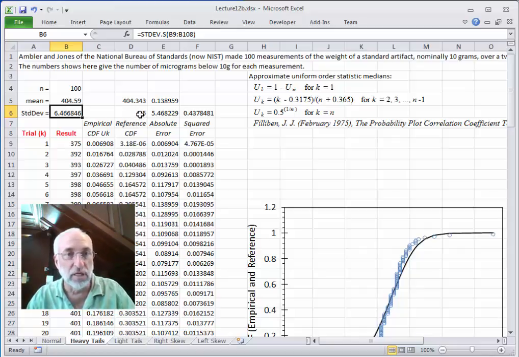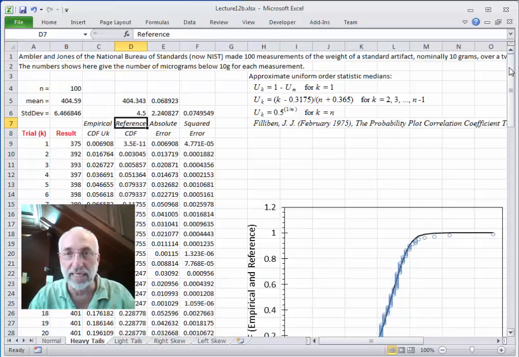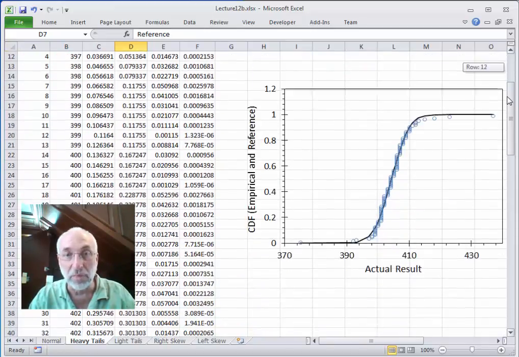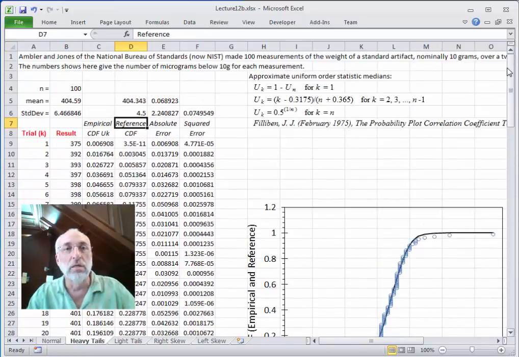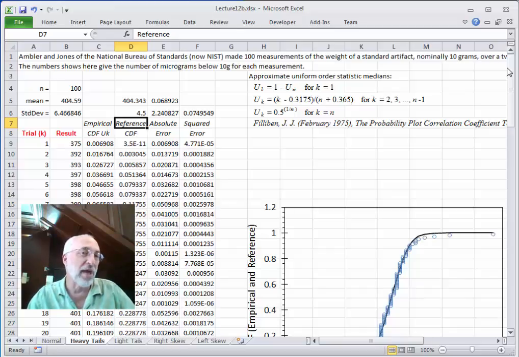But if I were to adjust the standard deviation downward, I can get a better fit, better match. This is in fact just a different way of estimating the standard deviation, one that tries to get the best fit of the empirical CDF compared to the assumed CDF.